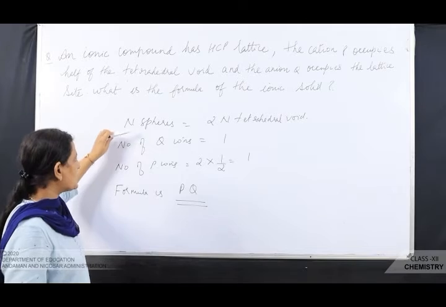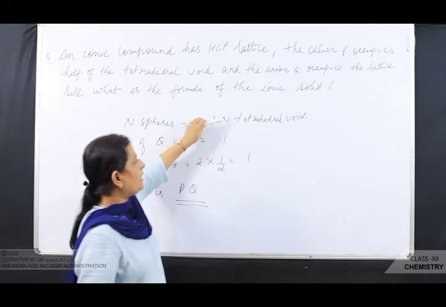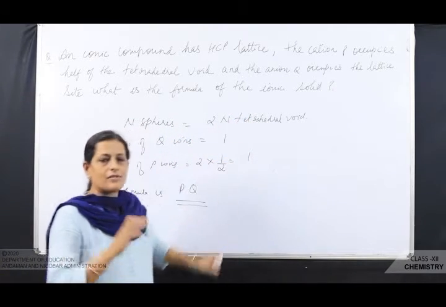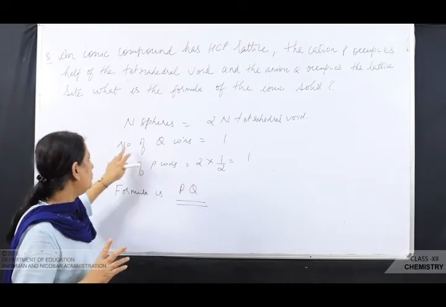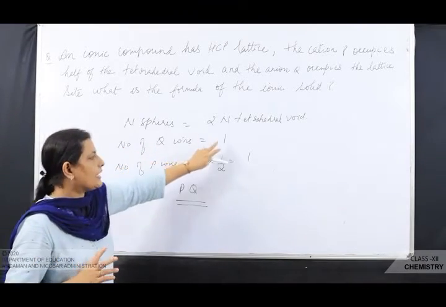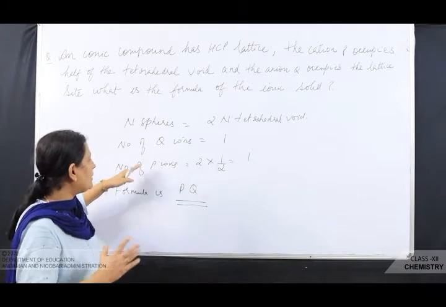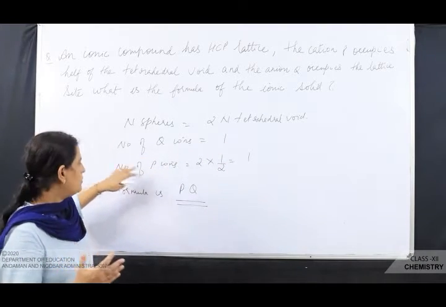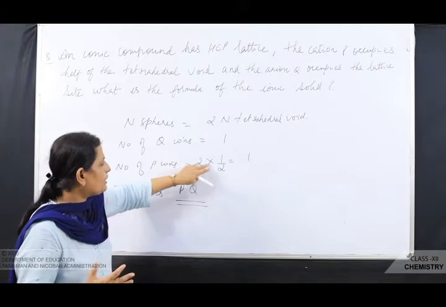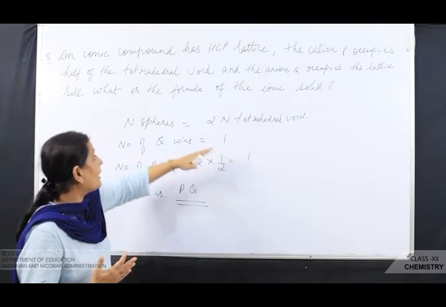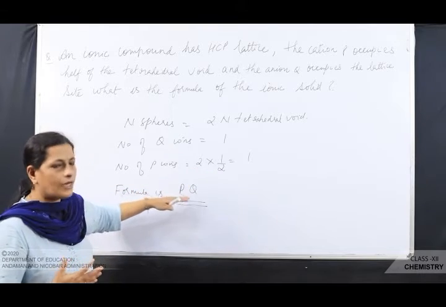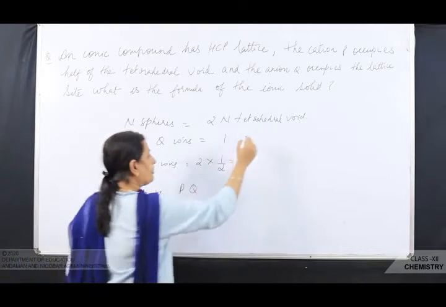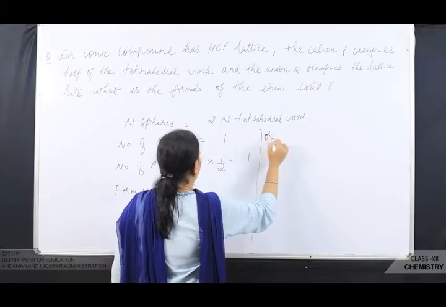You know the relationship: n spheres equals 2n tetrahedral voids. So, I am going to correlate with 1 sphere. The number of Q ions I take as 1. So, what will be the number of tetrahedral voids? 2. The number of P ions is 2 into half, that is 1, because half of the tetrahedral voids are occupied. So, the formula is PQ.